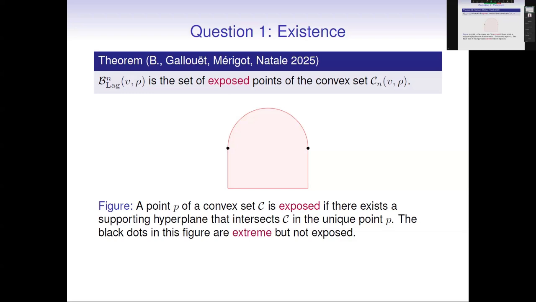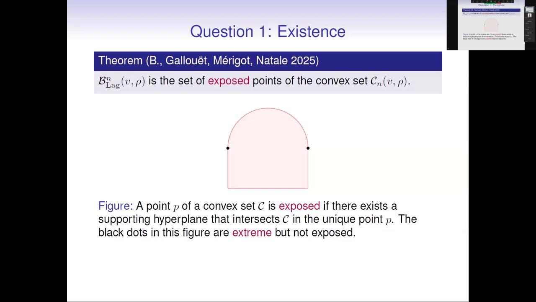So if you take a supporting hyperplane through this black dot, it's also going to include this whole line. Or if you take any point here and take a supporting hyperplane, it will include the whole line. So the exposed points are a subset of the relative boundary of the convex set. And this is exactly the set for which there exists a Laguerre tessellation with these barycentres.